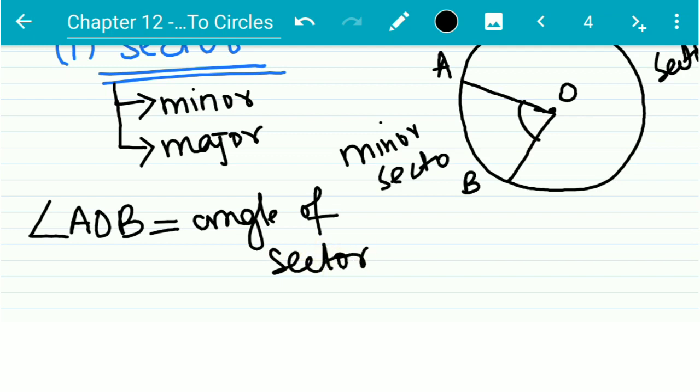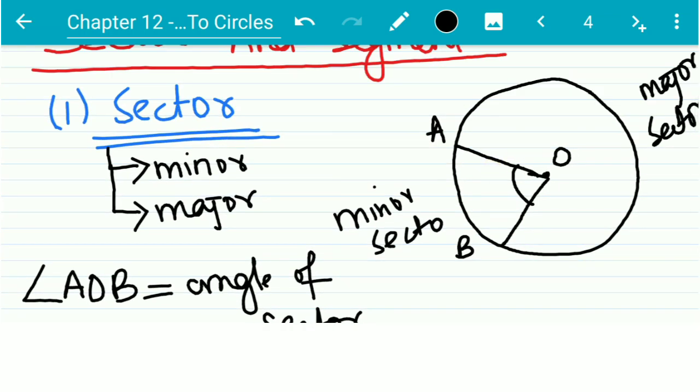Now you see here, this is the angle of the minor sector. So what is the angle of the major sector? The major sector is here. So what will be the angle of the major sector? This angle, outside this. So if you know the angle of the minor sector, how will you find the angle of the major sector? We know that the total angle of a circle is 360 degrees. So to find the angle of the major sector, you can subtract the angle of the minor sector from 360 degrees.